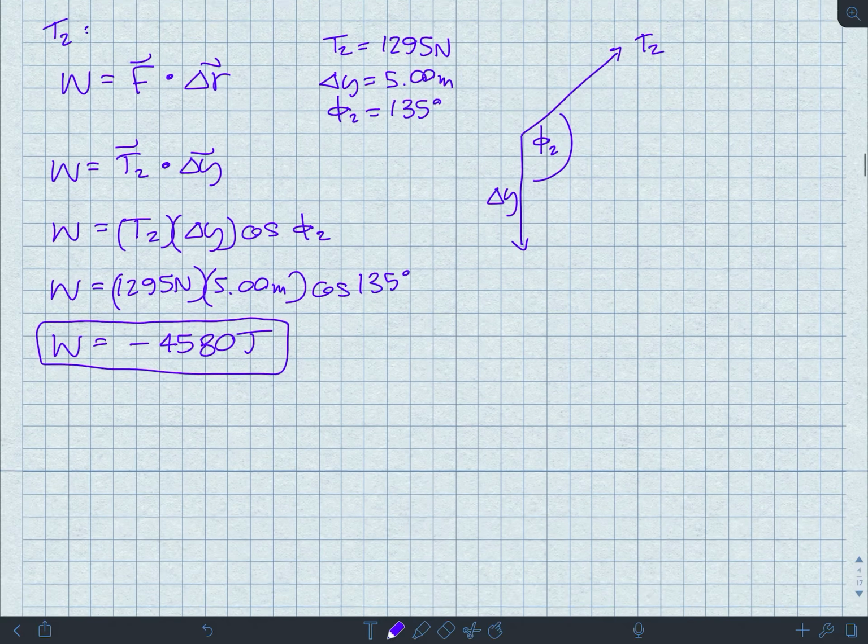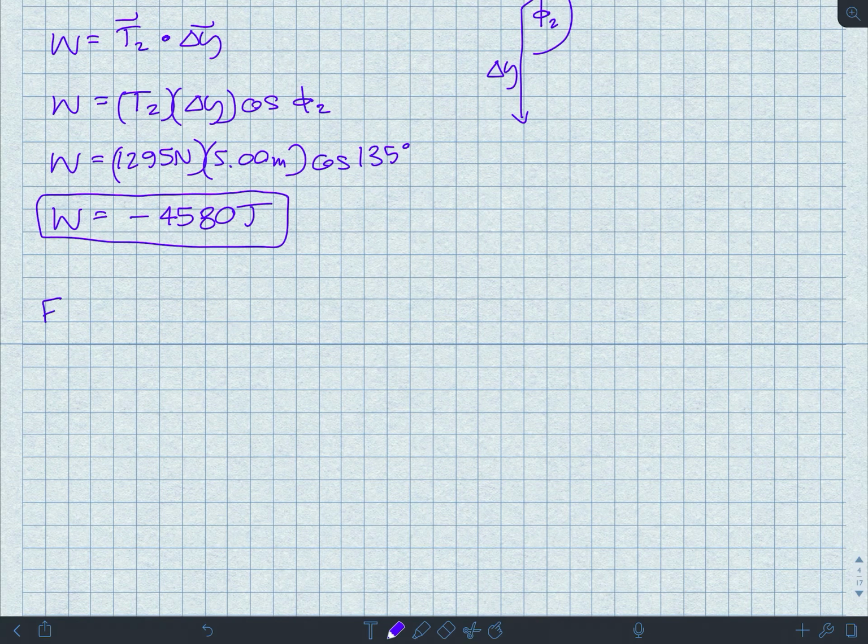Or F sub G. All right, so let's get our diagram. Here's the weight, that's the force. Here's the delta y. What's the angle between those two vectors?